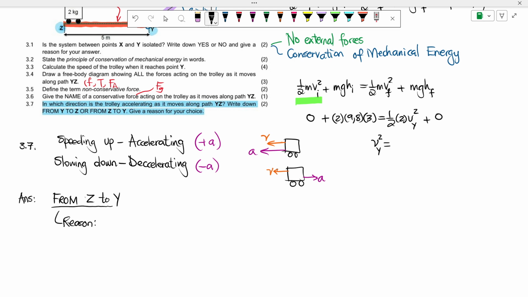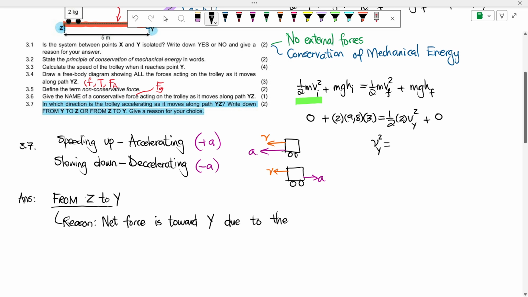But what you can say, you can remember Newton's second law. He says that an object will accelerate in the direction of the net force. So what you can say here is that the net force is towards, or from X to Z, I'll just say towards Y, due to the only force being friction.